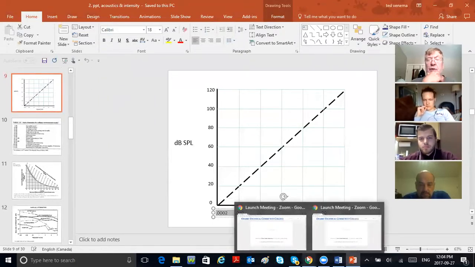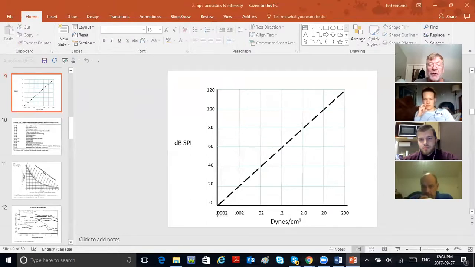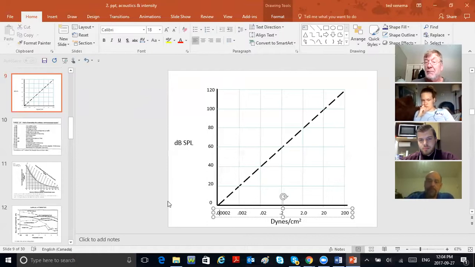I can make it 0.0000002. In other words, what would happen if I put another 0 in front? I guess it would be minus 20 dB SPL. If I put another 0 in front, it would be minus 40 dB SPL. Put another one, I guess it would be minus 60 dB SPL.